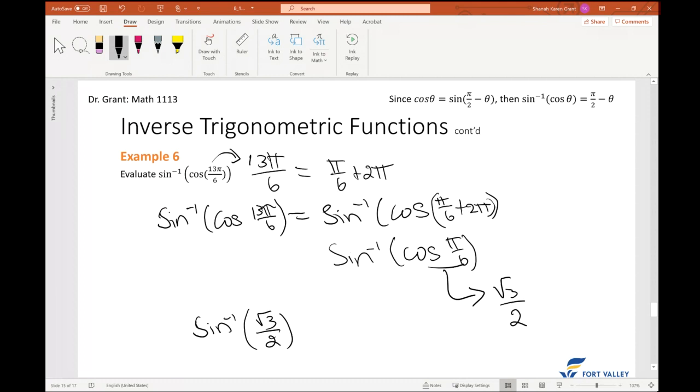So we think, what angle on the unit circle would give me a sine of root 3 over 2? Well, that's going to be pi over 3.